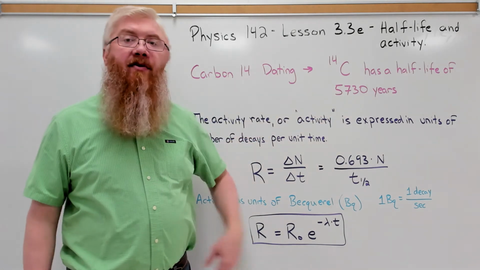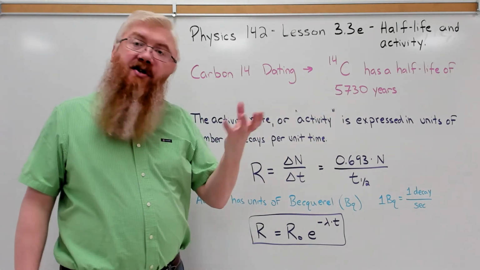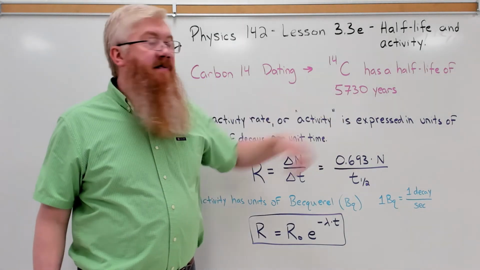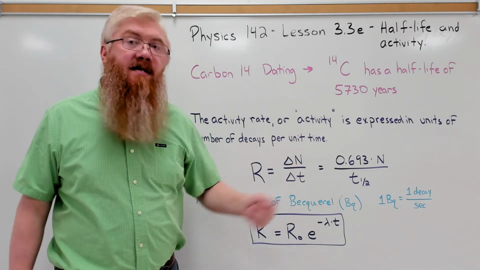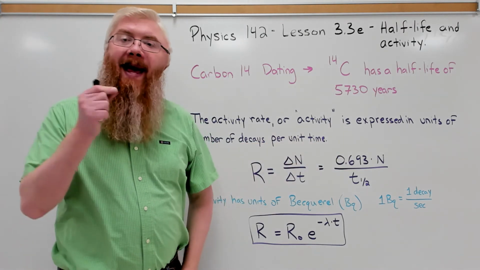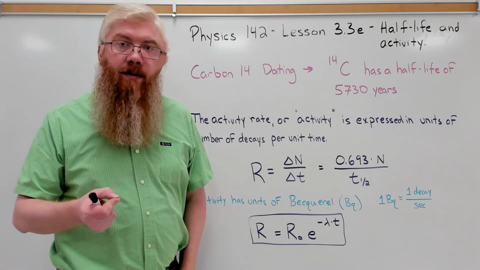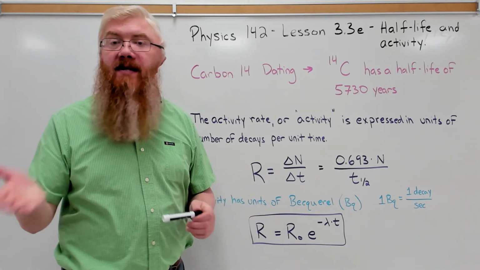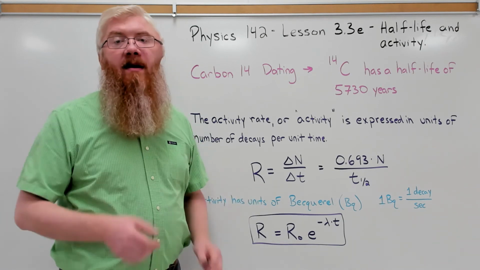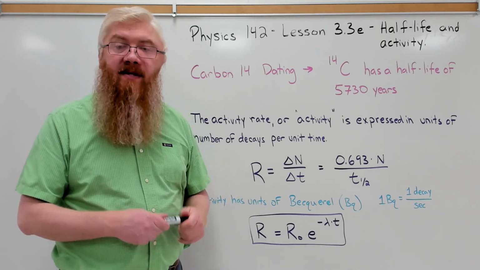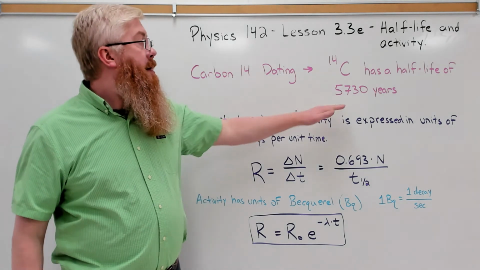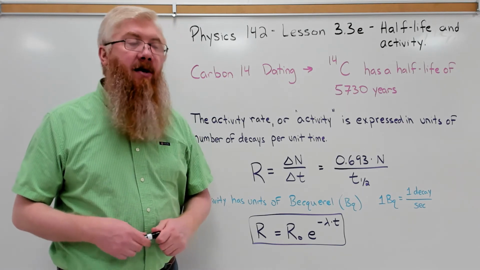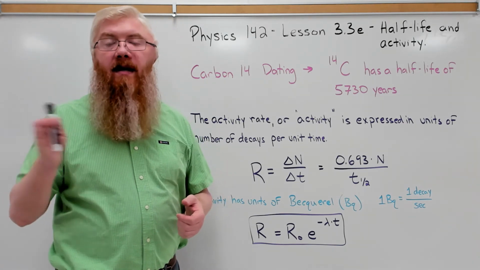After 5,730 years, if you still have your carbon-14, if it hasn't decayed, then in another 5,730 years, there's a 50% chance it might decay again. So you can't predict individual atoms and how they'll decay over their half-life. There's a 50% chance they'll decay before one half-life, and a 50% chance they'll decay at some point afterwards. So we have to look at this as a statistical process, by looking at a large sample and then seeing how the decays occur.